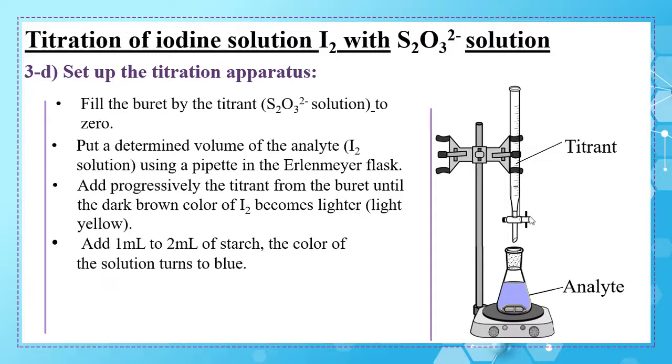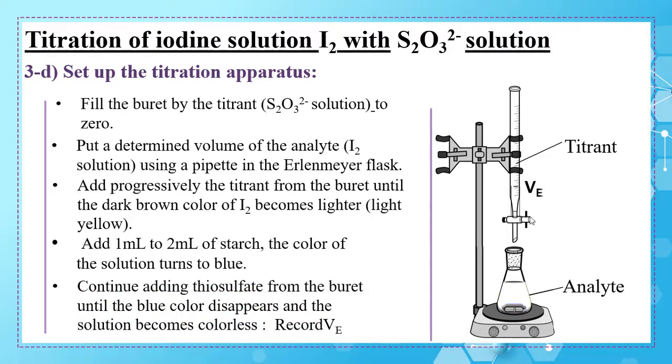At this point, we add 1 or 2 milliliters of starch. The color of the solution turns blue. We continue adding thiosulfate from the burette until the blue color disappears and the solution becomes colorless. At this point, we record the volume equivalence VE.